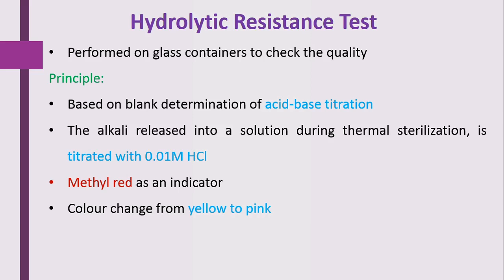Just remember, it is based on the blank determination of acid base titration, and 0.01 molar HCl is used for the titration. The titration is done with the indicator methyl red, and there is a color change from yellow to pink.